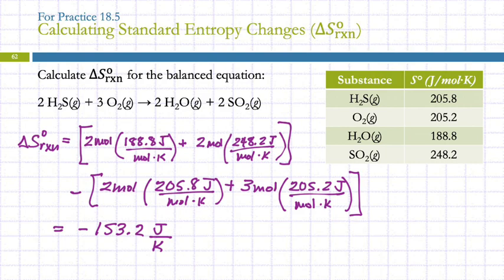Any questions? Yes. So this would be a non-spontaneous reaction, right? Well, we can't tell just from delta S. That would be a good guess that it's non-spontaneous because the change in entropy is negative, but it depends on what happens to the surroundings as this happens.